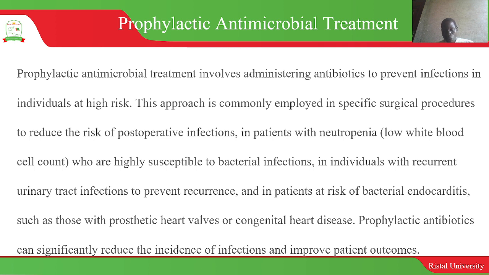These are patients with neutropenia who are highly susceptible to bacterial infections because the immune system is low. And also in individuals with recurrent urinary tract infections to prevent the recurrence, and in patients with risk of bacterial endocarditis, such as those with prosthetic heart valves or congenital heart disease. Prophylactic antibiotics can significantly reduce the incidence of infections and also improve the patient outcomes.